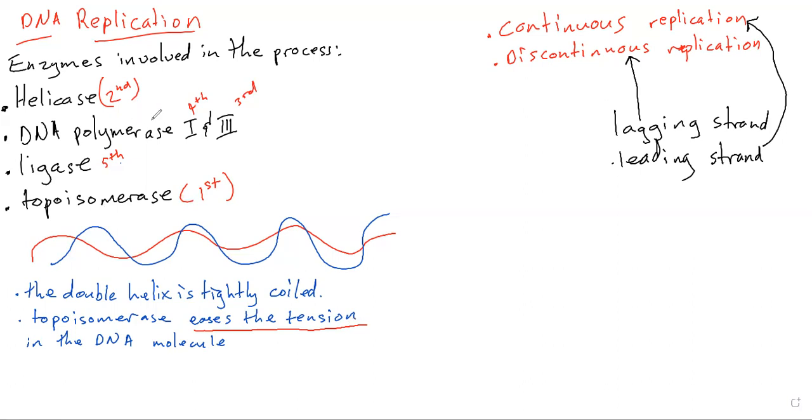So all of these enzymes are working with each other, like one in front. Just imagine a conveyor belt with topoisomerase ahead, followed by helicase, then you have your DNA polymerase. I left out one enzyme, primase, which makes the primer.